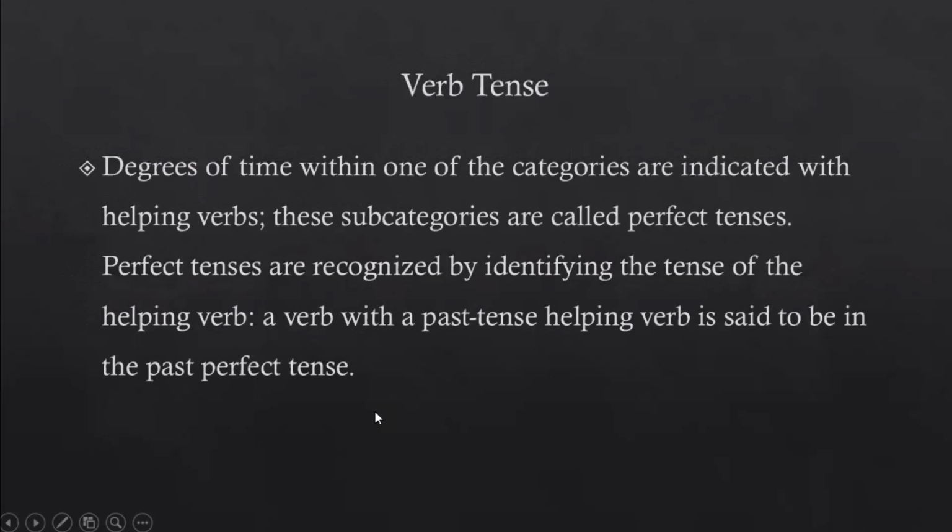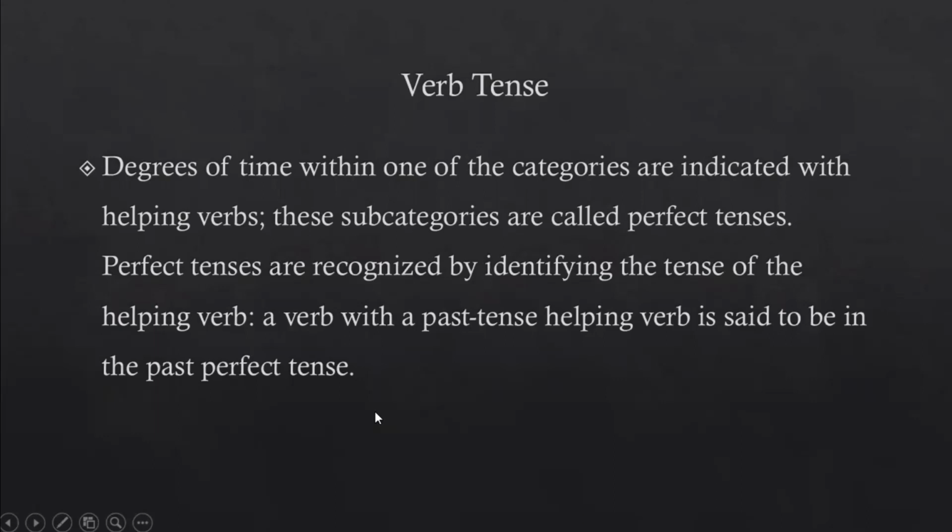So you can have varying degrees of time within a single sentence. And the verb tenses get complicated as the number of time frames you're dealing with in a sentence gets complicated. And so we subcategorize these tenses. We call them perfect tenses. They're easy to recognize because they always come with a helping verb.